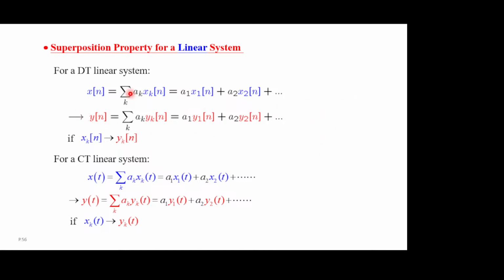You keep going, and all those things added together correspond to all those things added together. The summation of ak xk gives you output being the summation of ak yk, with yk being the output of xk.